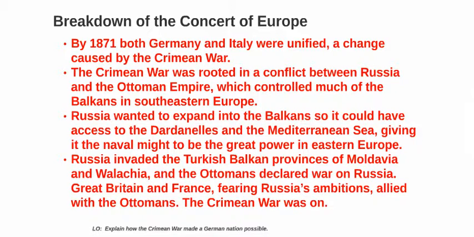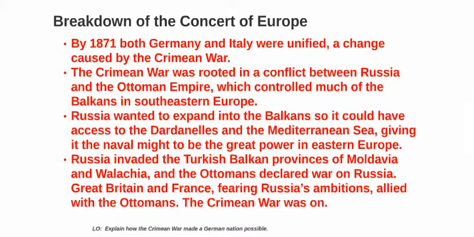But by the time we're getting into the mid-1800s, the Ottoman Empire is in decline. It's growing weak. It's having a hard time maintaining control over much of its empire.